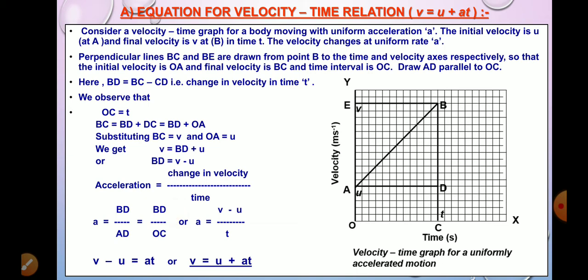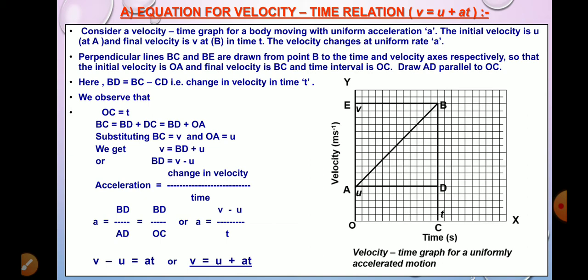Now substitute BD and OC: V minus U divided by T. So V minus U is equal to A into T, as the denominator is taken to the left hand side. We get the equation V minus U is equal to AT, or V is equal to U plus AT. This is the final equation.